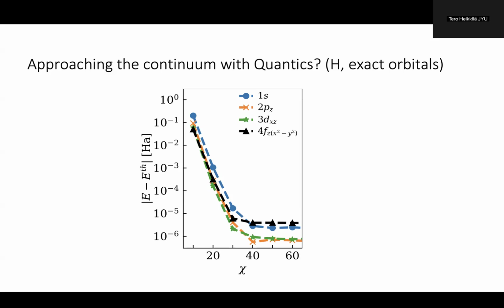What you want is something better than 10 to the minus 3. Why 10 to the minus 3? Because this is in R3s. One R3 is 27 electron volts. One electron volt is 10,000 Kelvin. And so 10 to the minus 3 corresponds to room temperature, essentially.